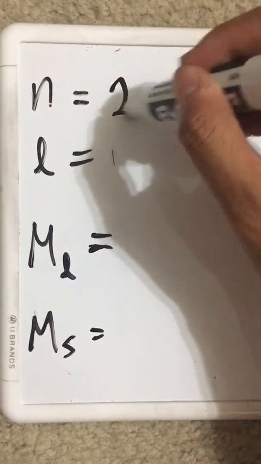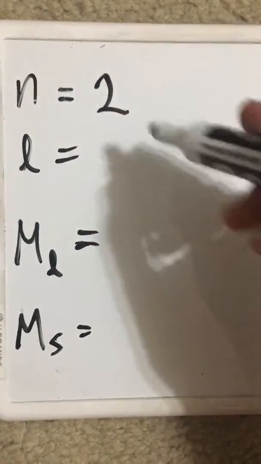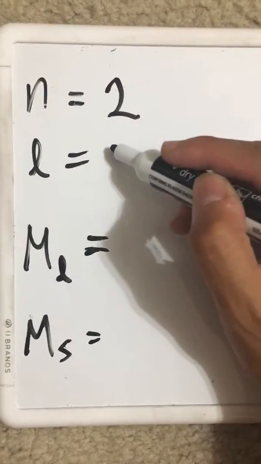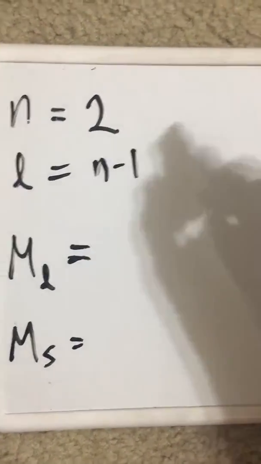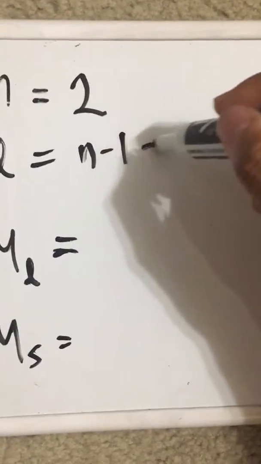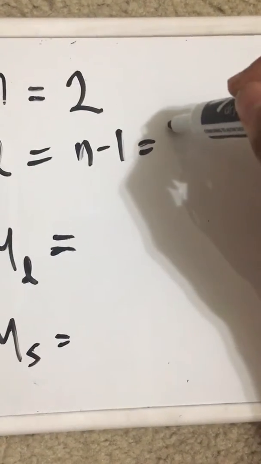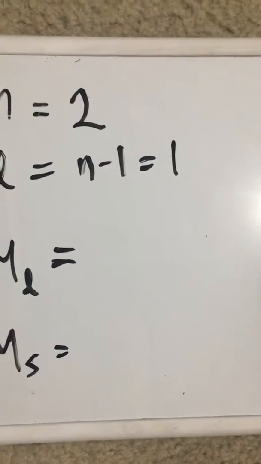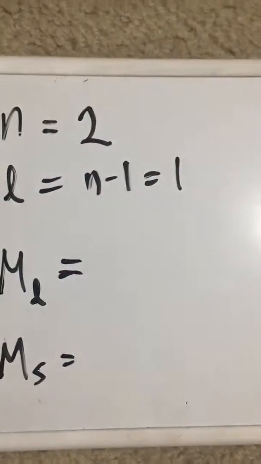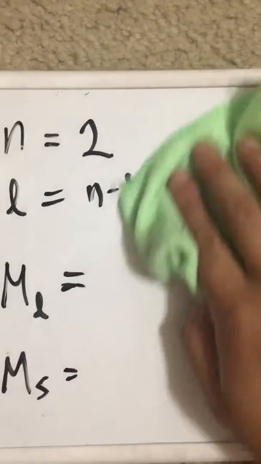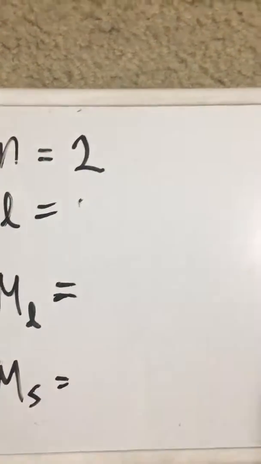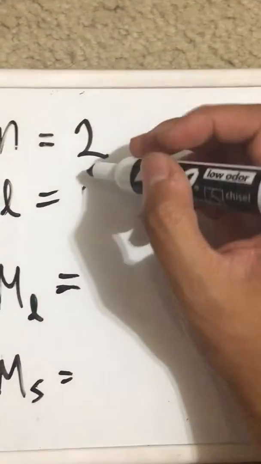Let's move on to the second energy level. Alright, so n equals 2. And we want to find out L, which is n minus 1. And 2 minus 1 is 1. So what does this mean? It's not only 1 that we're dealing with. We're also dealing with 0.